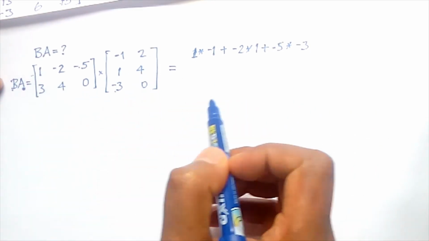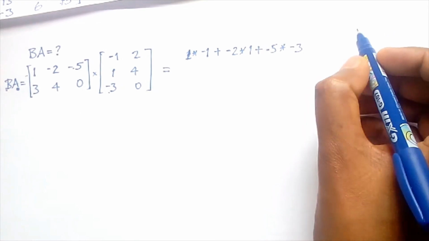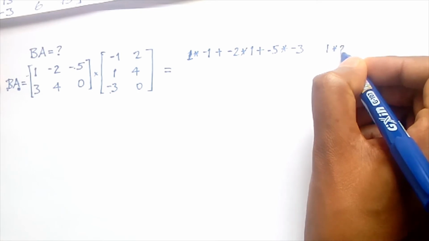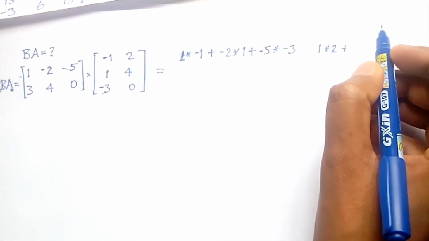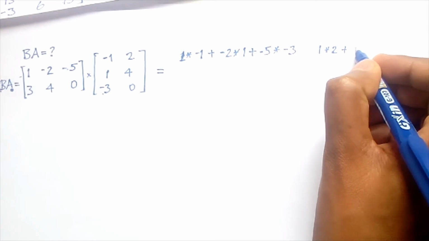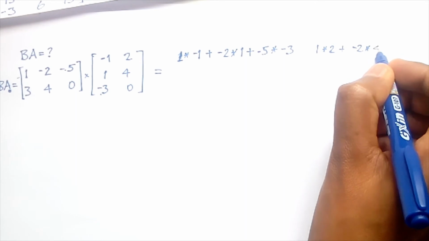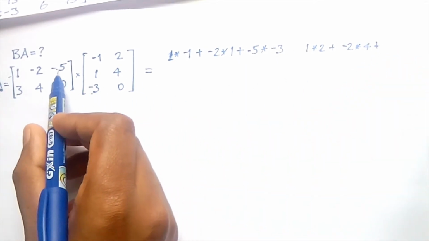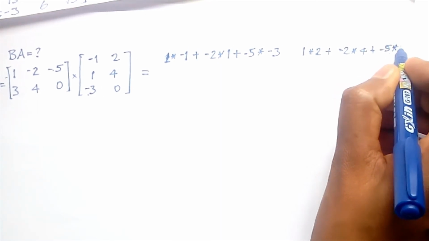Next, 1 times 2 plus minus 2 times 4 plus minus 5 times 0.